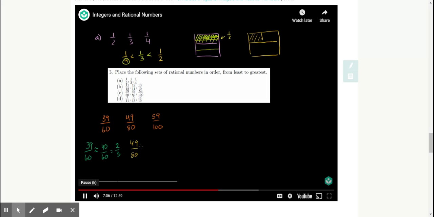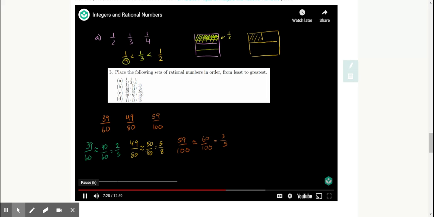It's almost 50 over 80. So it's almost 5/8. And then this right here, 59 over 100, sorry. It's almost equal to 60 over 100, which is equal to 3/5.